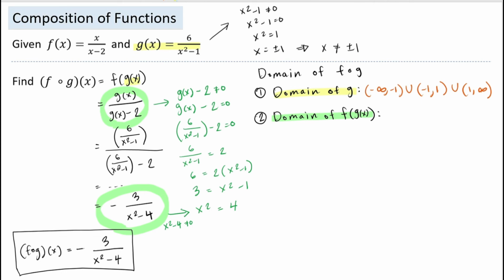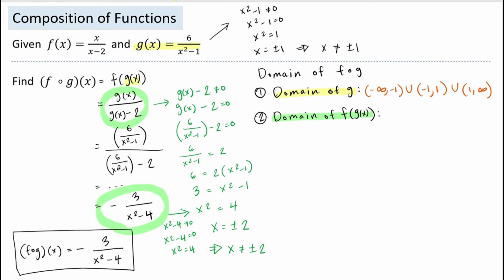So we have x squared minus 4 is equal to 0, which is x squared is equal to 4. We get x is equal to plus or minus 2, which means that x cannot be equal to plus or minus 2.